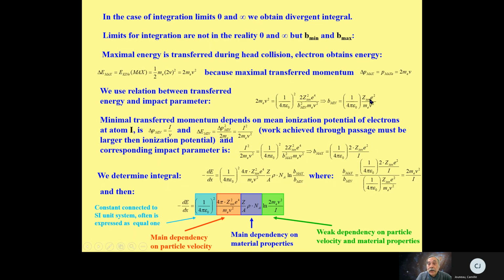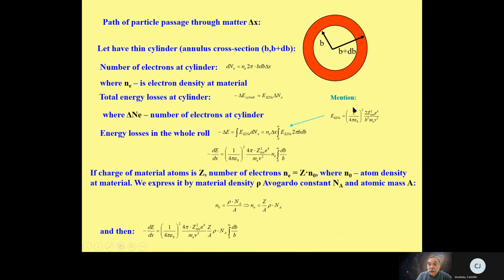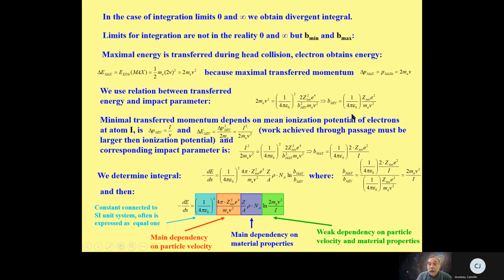That means this is the energy which is here, and from it you will calculate the minimal value of impact parameter. Okay, that means we have this minimal value of impact parameter.